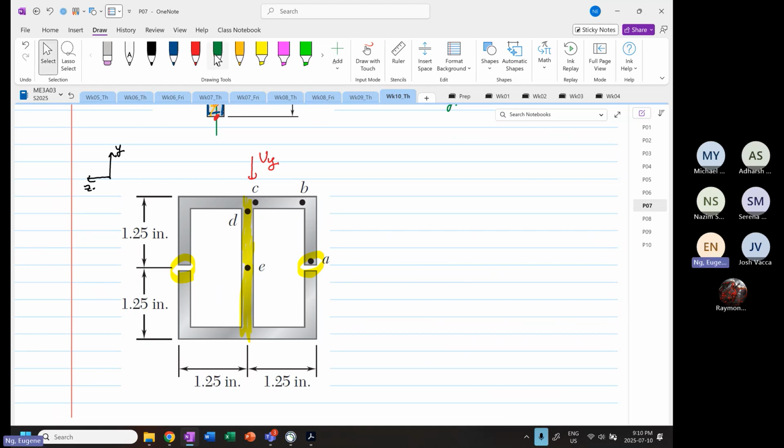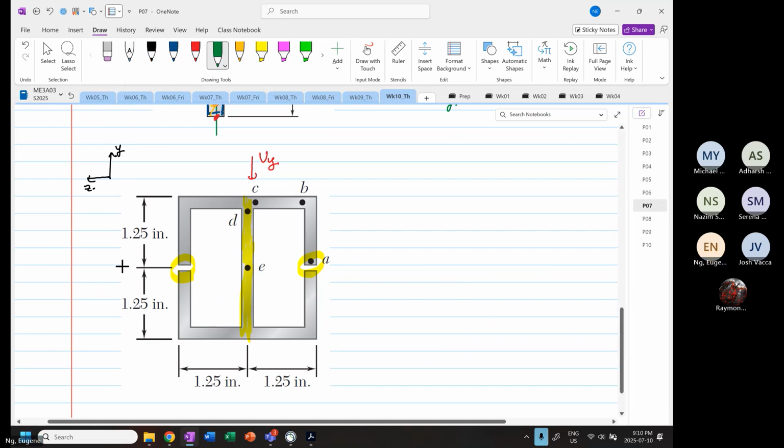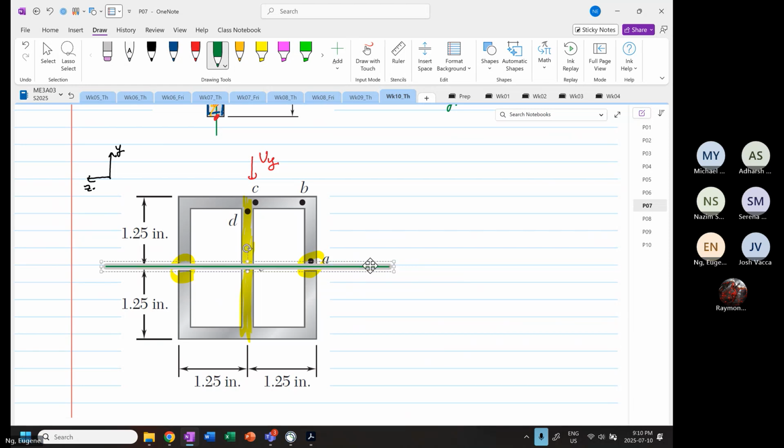So how does the shear flow? We are going to focus on the ZZ axis. The shear flow will go this way, and then we'll split up, and then we'll split up again. And then this one will do this, and this one will do this.